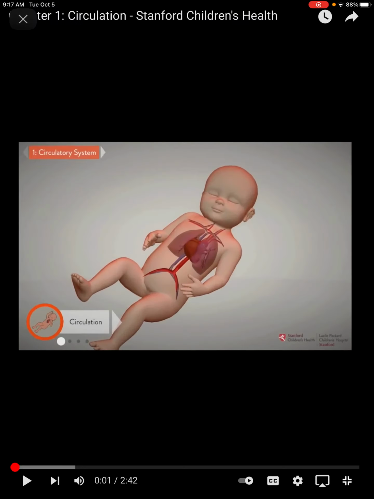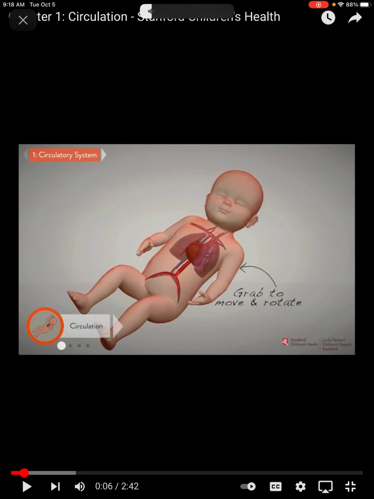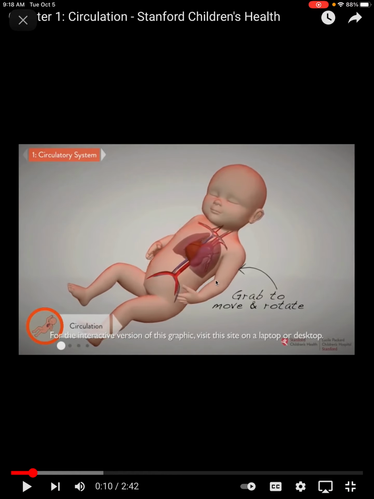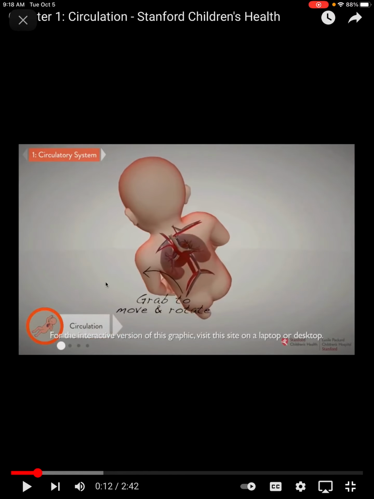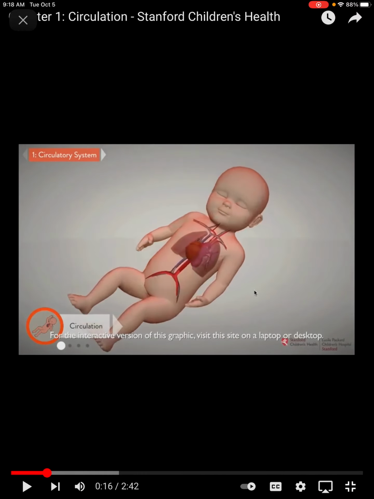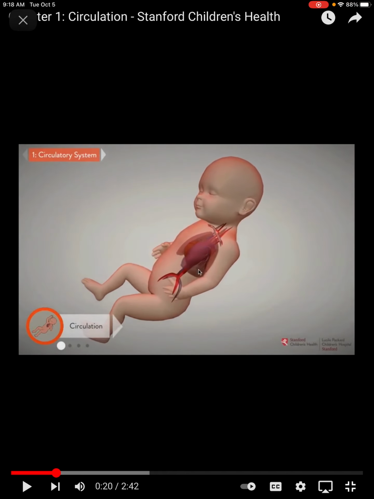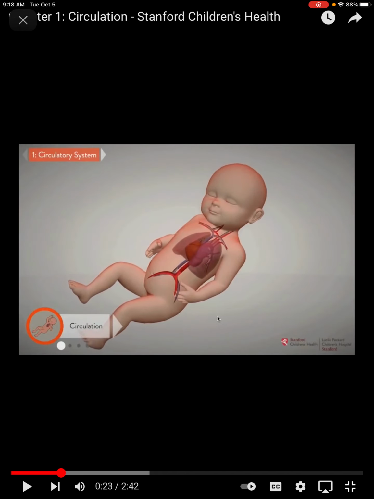The heart is a pump at the center of the human circulatory system. It beats tirelessly, moving blood through a network of veins and arteries and delivering oxygen and nutrients to tissues and organs throughout the body. The circulatory system also returns blood from the body to the lungs, where it can get a fresh supply of oxygen.